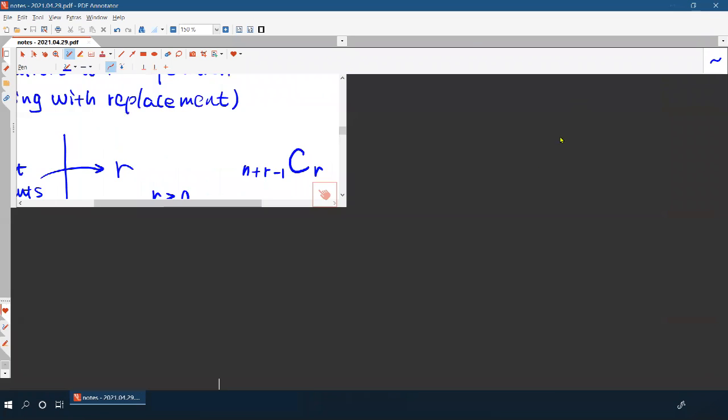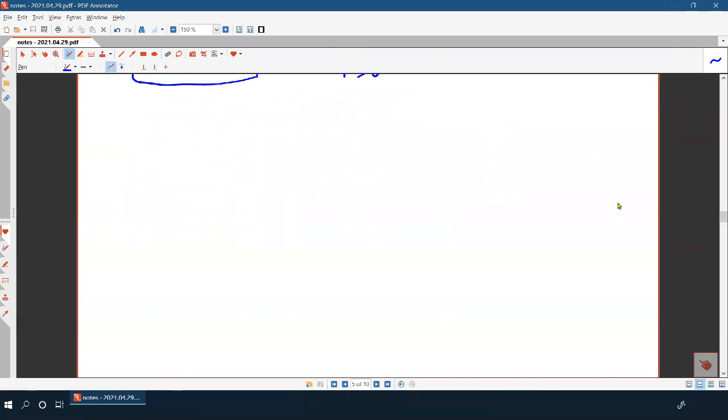Okay, no questions. Let's have a look at the last model. The last model is called large collection assigned to small collections.